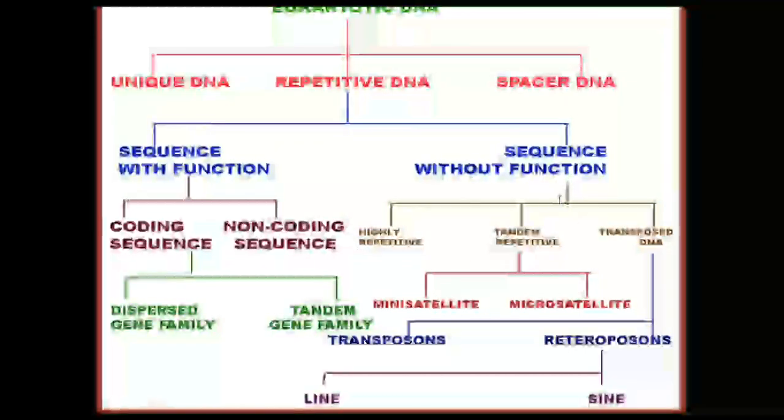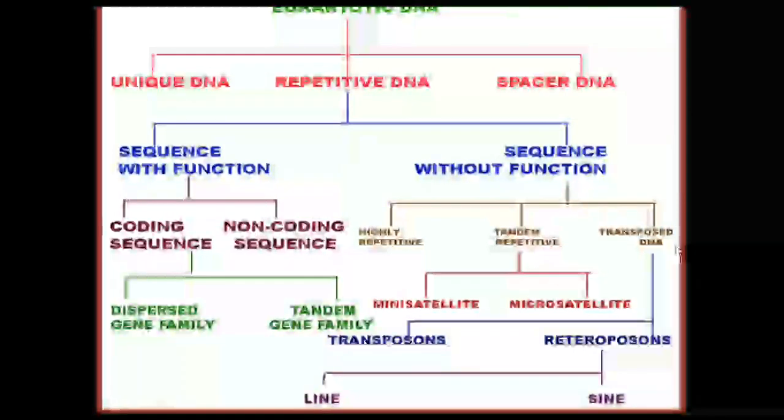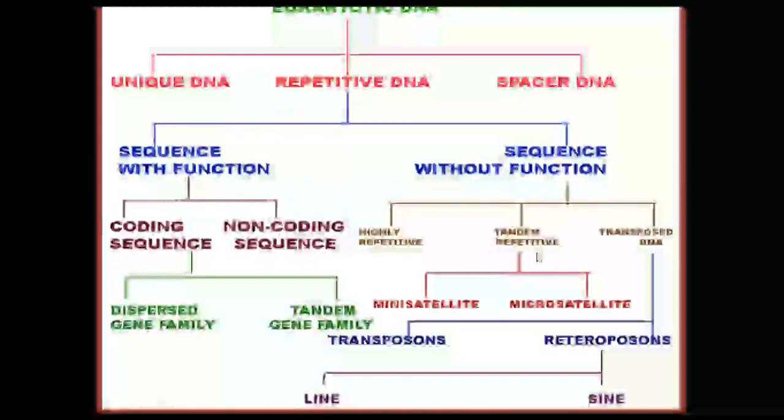The sequence without function, the non-functioning sequence, is of three types: highly repetitive, medium repetitive, or tandem repetitive, and transposed DNA. Tandem repetitive is again of two types: minisatellites and microsatellites. This is mainly divided on the basis of intensity. Highly repetitive is more intensified, medium is medium intensified, and the last is rarely intensified.